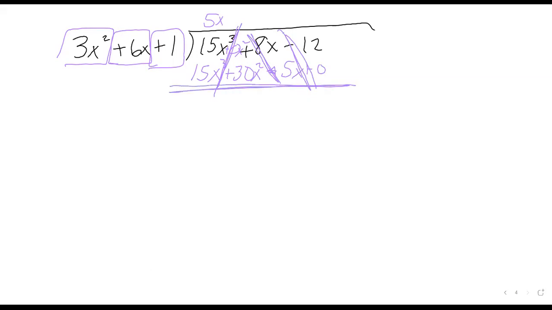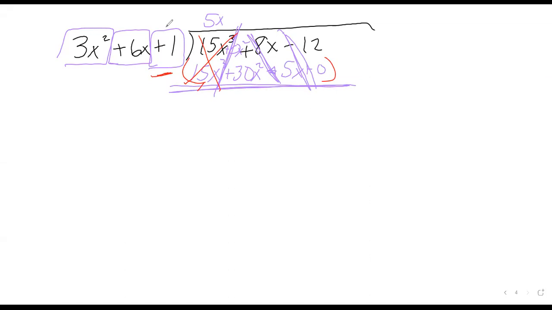And now I'm going to go ahead and combine them, right? So all of these by a negative. So 15x cubed minus 15x cubed, gone. Now, 0 minus 30x squared, what is that? 30x squared.